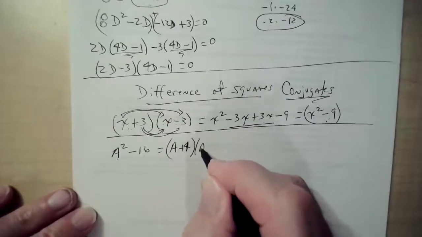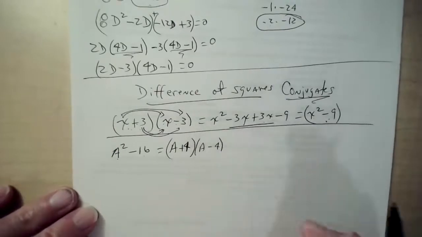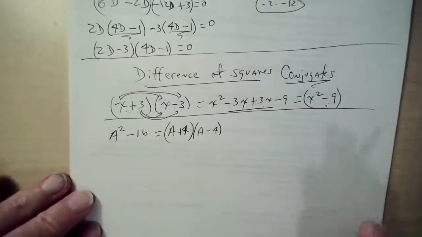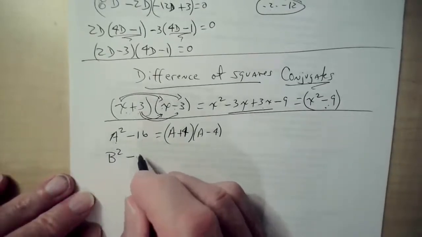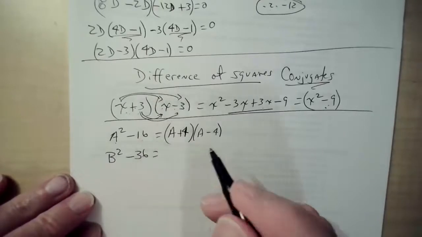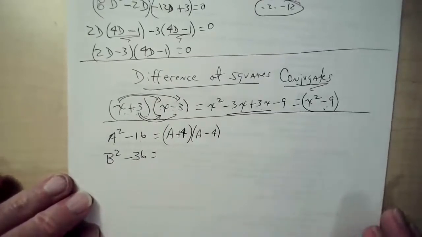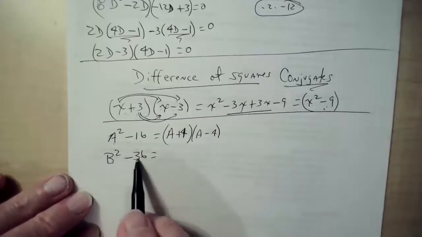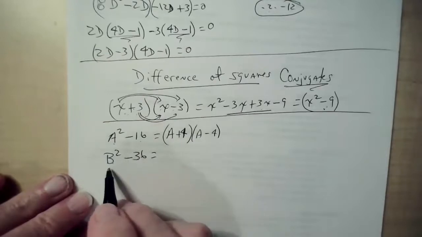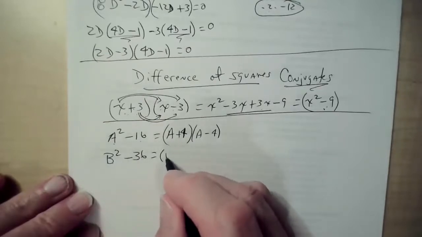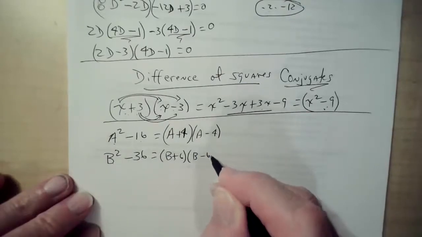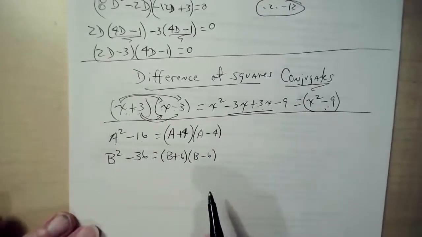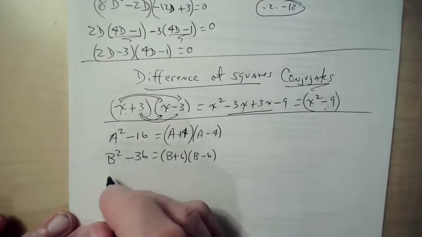So this is a plus 4 times a minus 4. b squared minus 36. Is this a conjugate? Yes. They're both perfect squares, and it's the difference. So when we factor this, it's going to be b plus 6 times b minus 6.